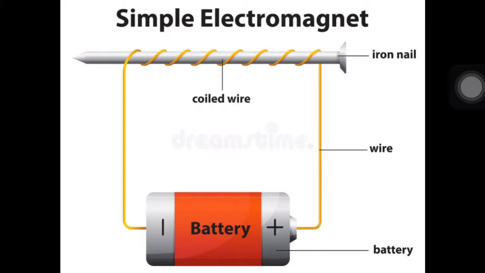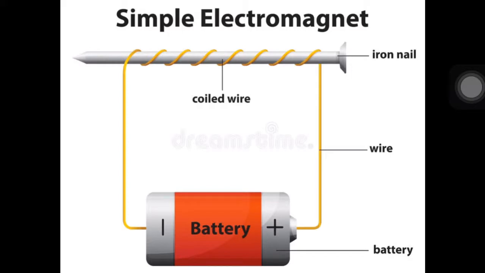But the main difference of this electromagnet from the permanent magnet is that the electromagnet will act like a magnet only when the electric charge is flowing through it. Once the electric flow stops, there is no charge flowing through that copper wire and as a result there will be no magnetic field around that copper wire.